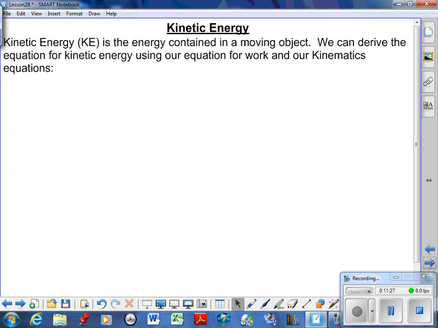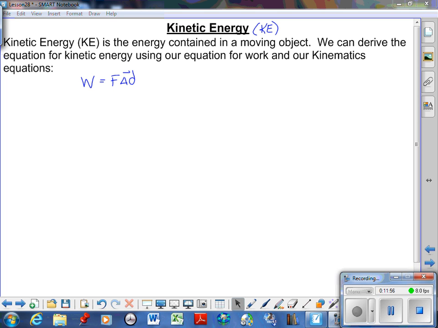All right, so the second part of this one, like I said, I do potential and kinetic energy together, so that's just Ek. So kinetic energy is the energy contained in a moving object. We can derive the equation for kinetic energy using our equation for work. All right, so work equals force multiplied by displacement, and our kinematics equations.